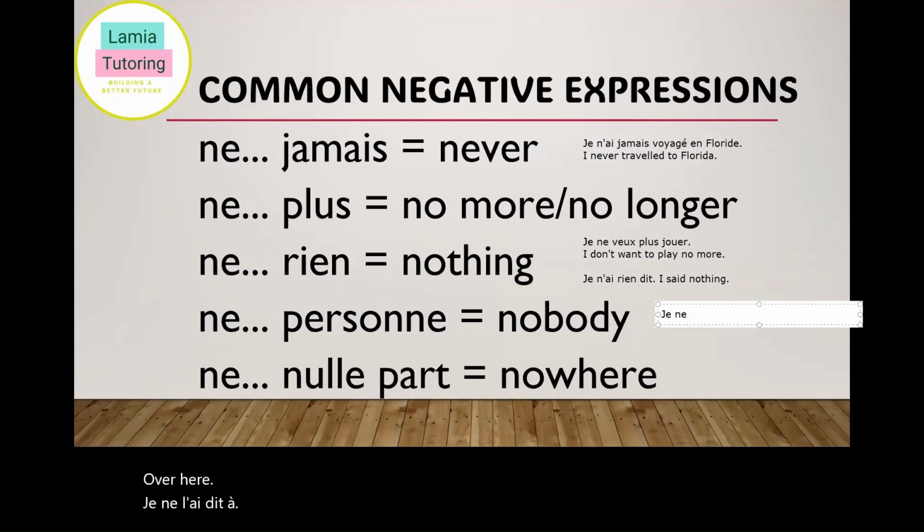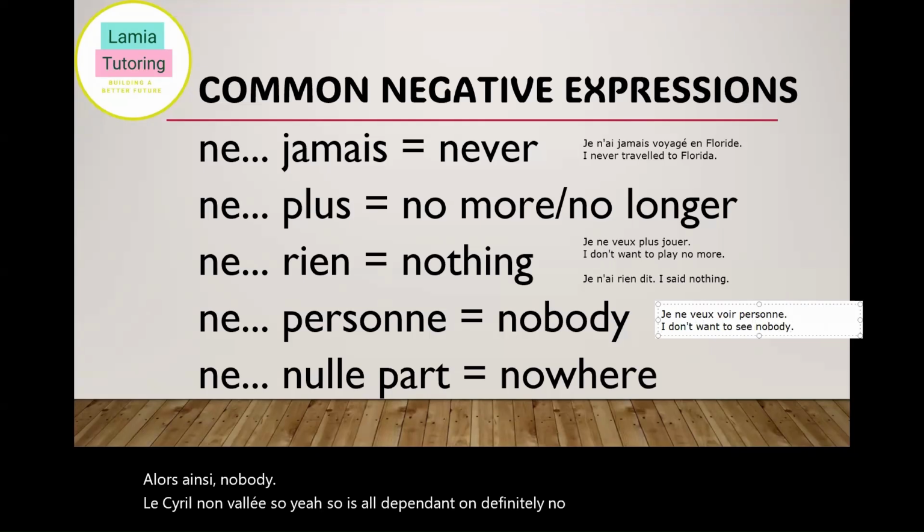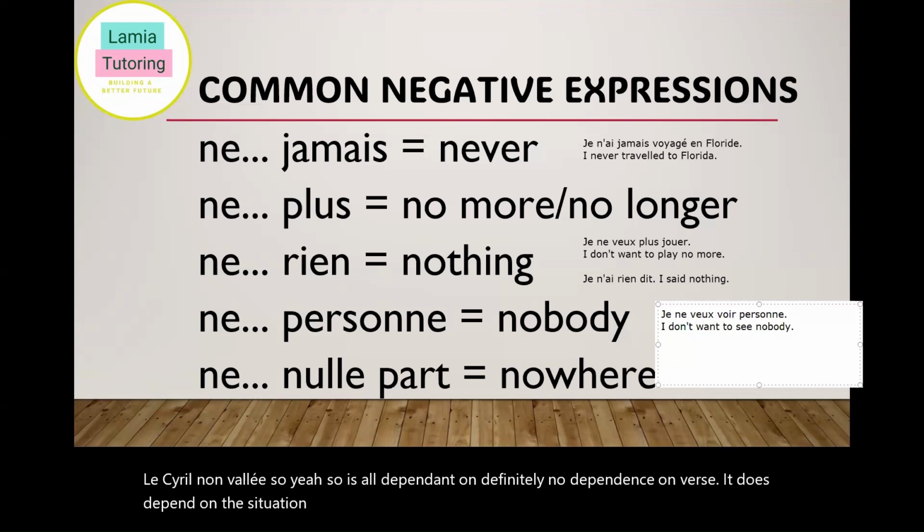Je ne veux voir personne. Personne, for example. I don't want to see nobody. So it's definitely not dependent on verbs. It does depend on the situation and what you want to say.